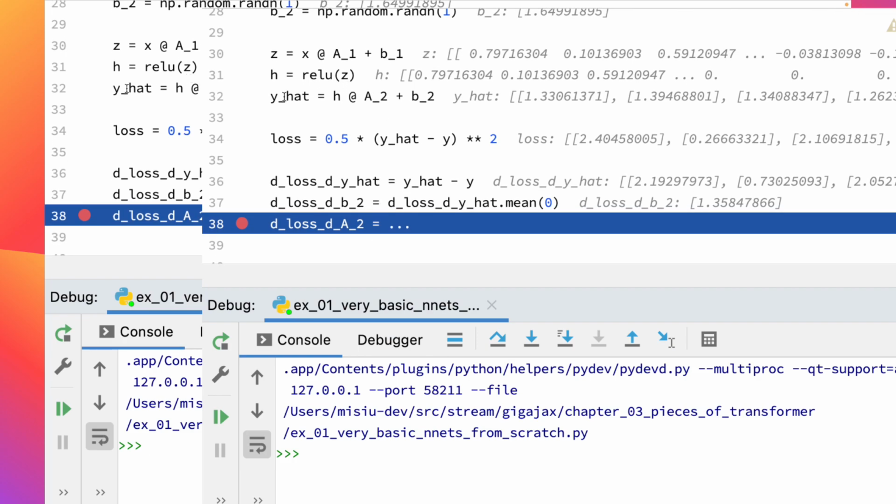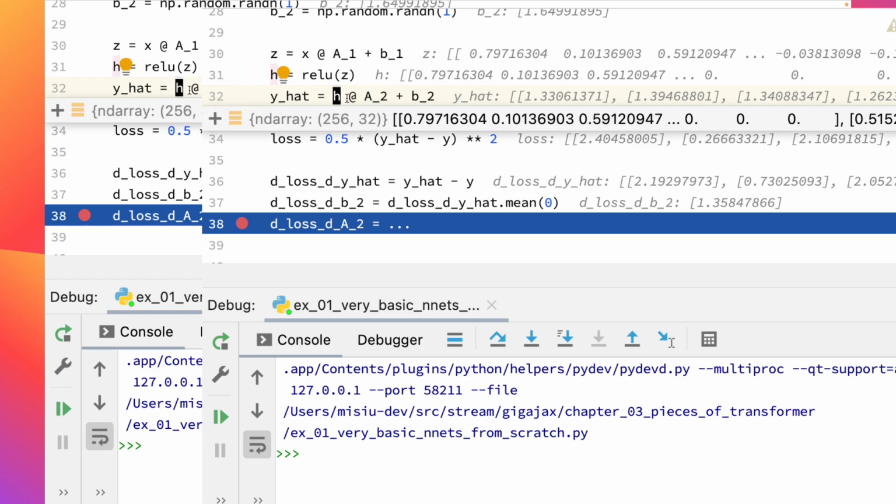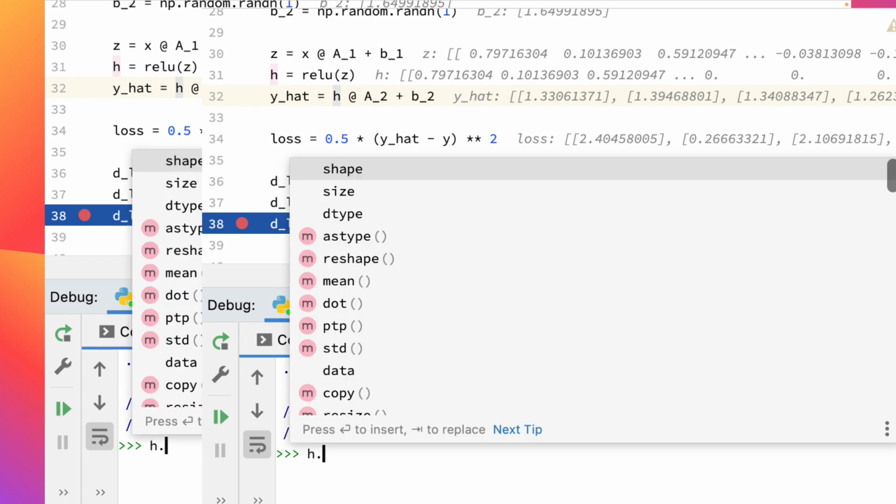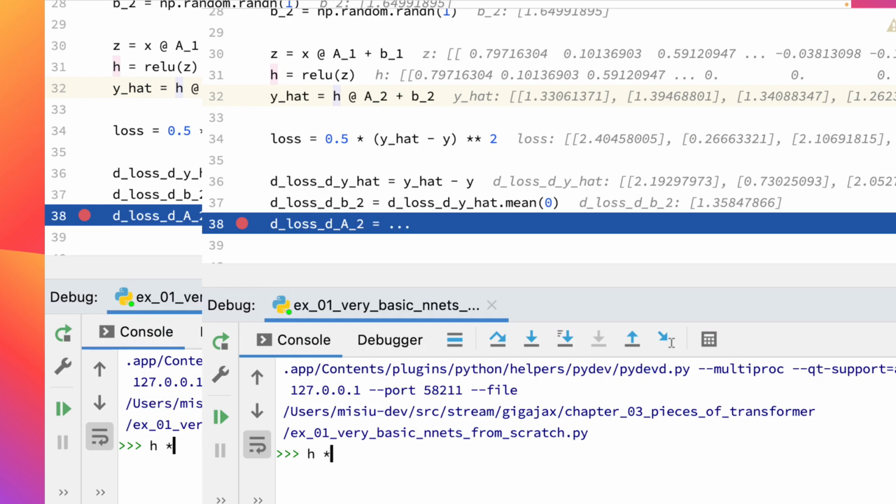We know that y hat is influenced directly by this a2, and we know it's a linear function of h, right? So h has to come into the equation somehow, and this y hat has to come into the equation somehow, but only these two things, because it's just a linear function.